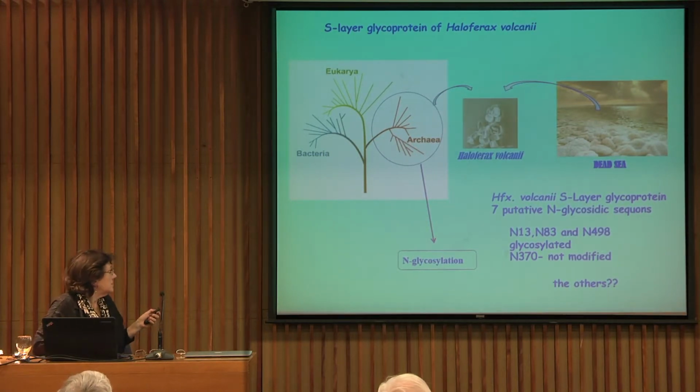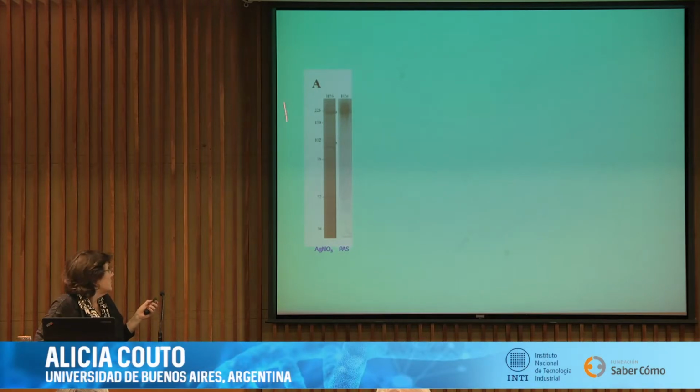And so what we did was to perform first an SDS-PAGE analysis. We stained it with silver nitrate. Here is the band corresponding to the molecular weight, and we stained for carbohydrate, and you see here the carbohydrate.